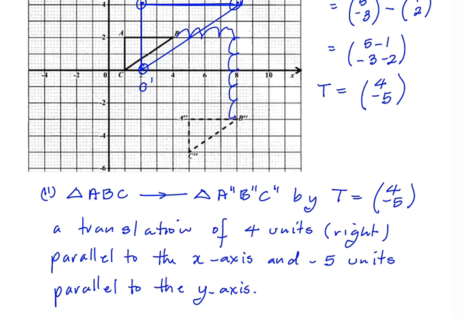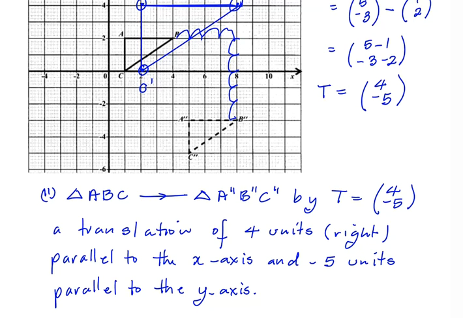I had to move the entire triangle 4 units to the right and 5 units down. In other words, triangle ABC is mapped onto triangle A double prime, B double prime, C double prime by T, which is (4, -5), a translation of 4 units right, parallel to the x-axis, and 5 units down, which is vertically downwards, parallel to the y-axis.